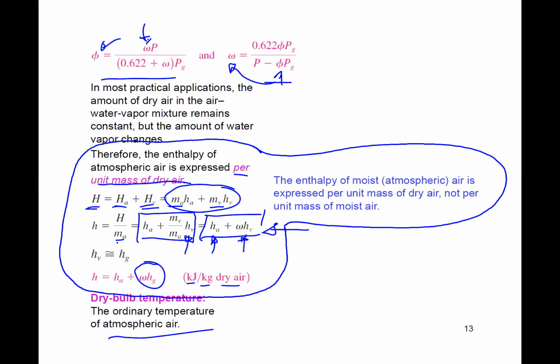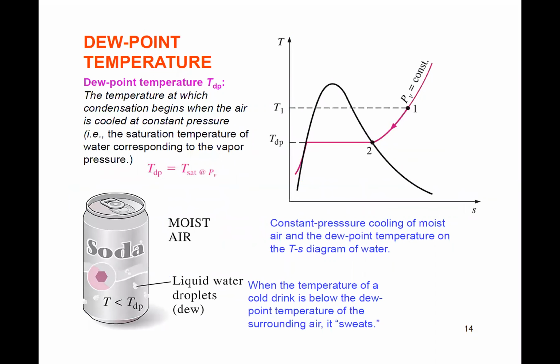We talked about dry bulb temperature, which is just your typical temperature. Dew point temperature is when you cool the water vapor at the same partial pressure. When you drop its temperature in that constant pressure process, as soon as you hit the saturation temperature at that partial pressure, dew forms. So at the partial pressure of the water vapor, it's the saturation temperature.